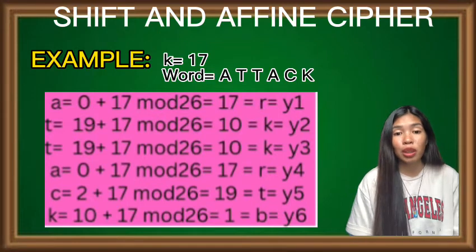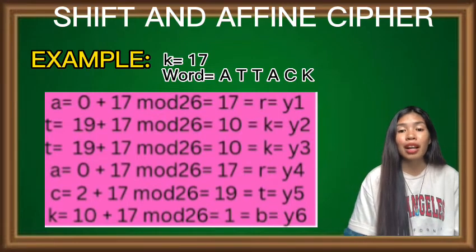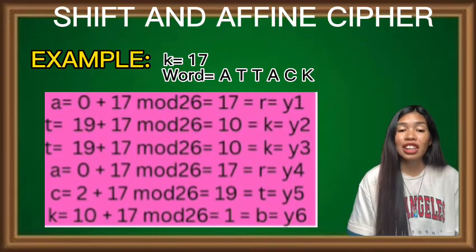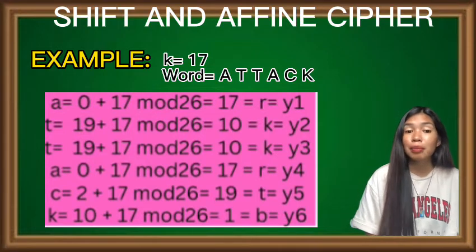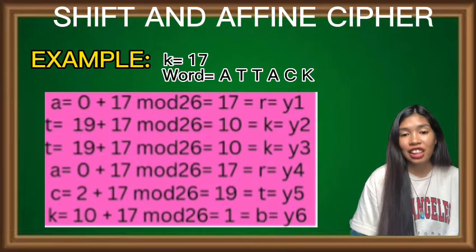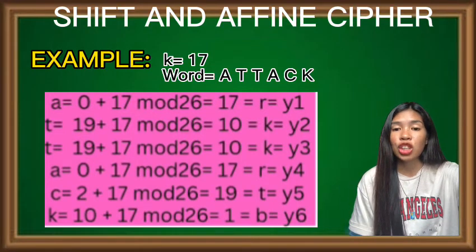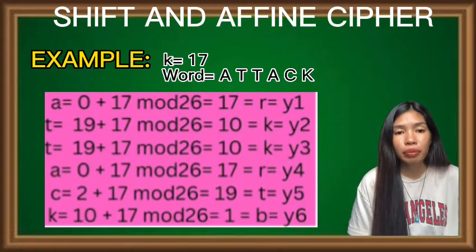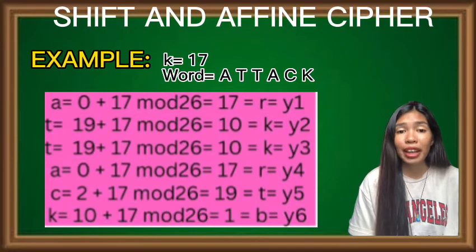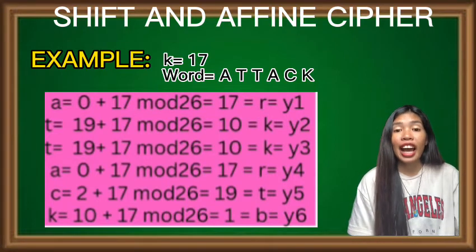This is the first one complete. For the second one, do the exact same thing: 19 plus 17 is 36, and 36 mod 26 gives me a remainder of 10, and so on.